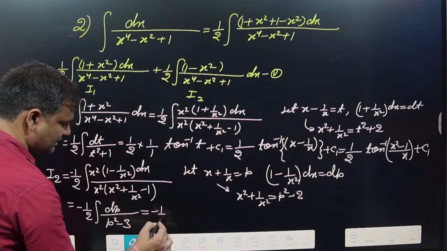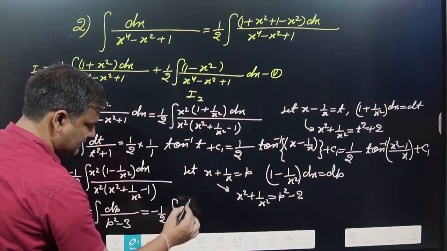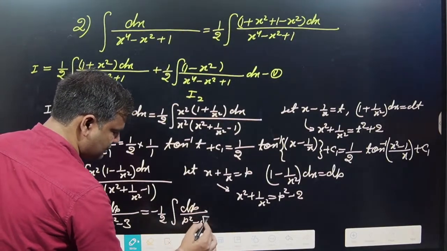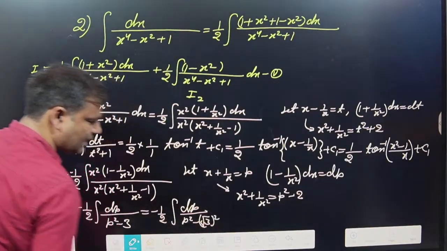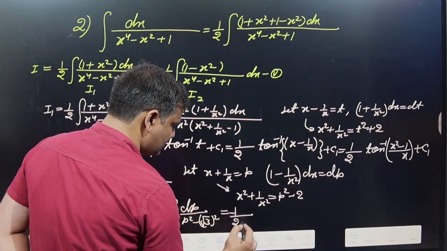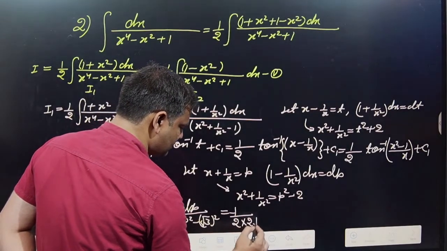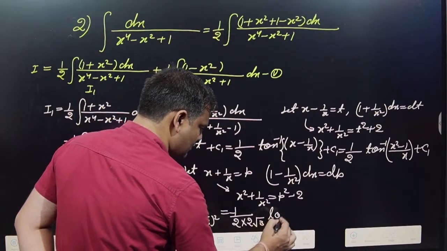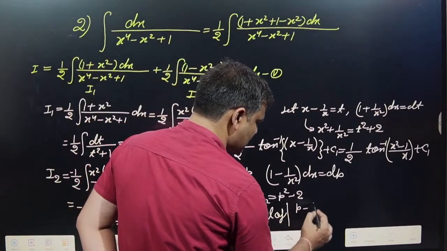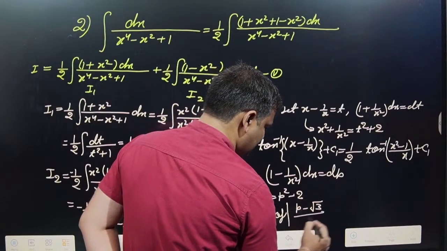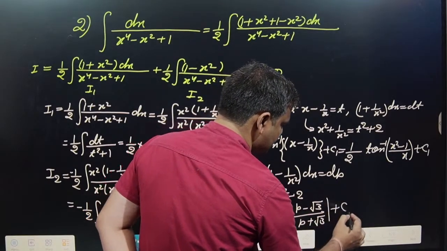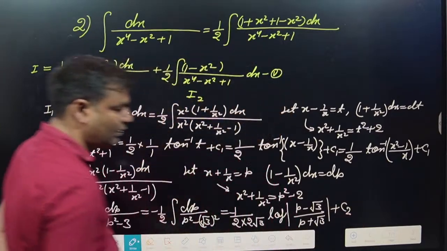So you can say minus 2 into dp divided by p square minus root 3 to the whole square. Or you can say minus 2 into 2 into root 3 into log of modulus of p minus root 3 divided by p plus root 3 plus c2. Okay.